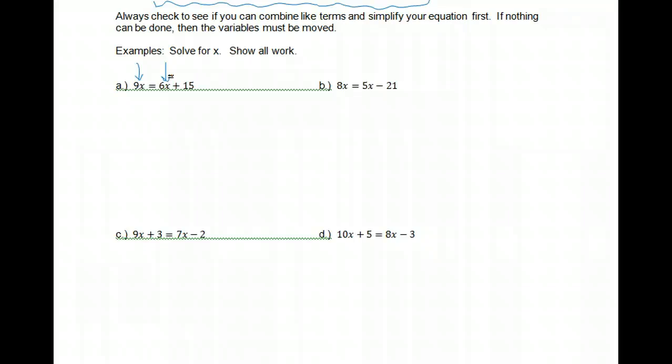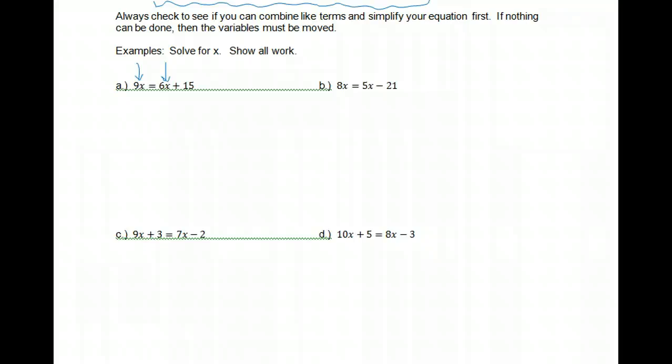Now, our goal in every equation is to solve for x by isolating it. So as I look at this equation, I ask myself, which term is more isolated, the 9x or the 6x? Well, 9x is all by itself on the left, and 6x has a plus 15 with it.